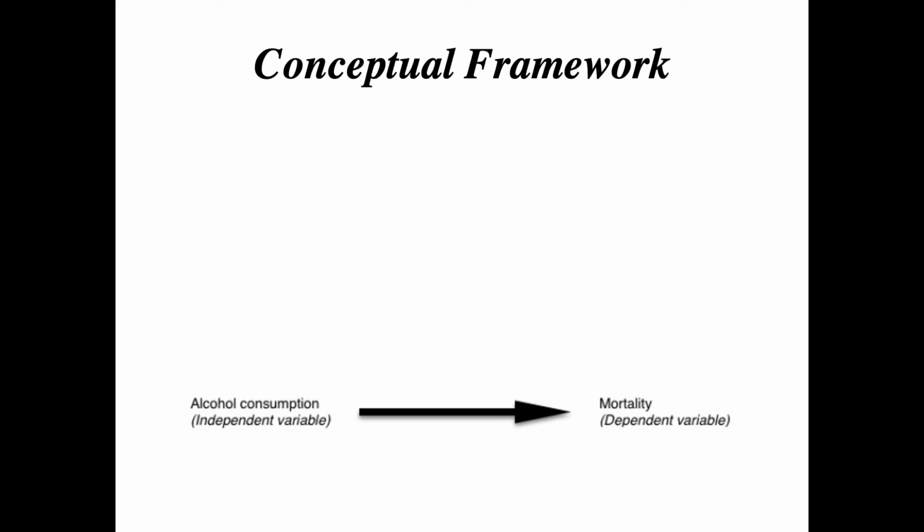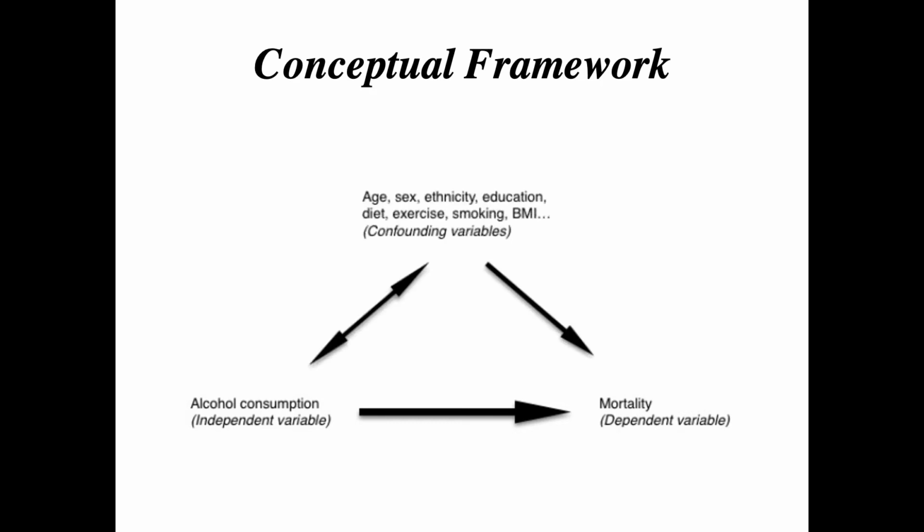But you also identified and measured a bunch of other variables, namely age, sex, ethnicity, education, diet, exercise, smoking, and adiposity reflected by your BMI. And as you can see here, each can independently affect your exposure and affect your outcome at the same time.